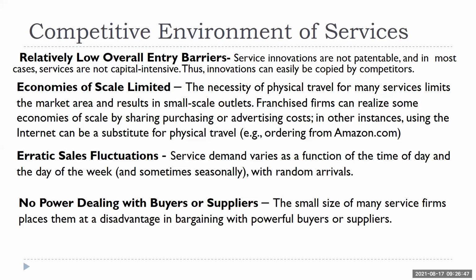But a single hotel, when they are buying items for their hotel or restaurant, might not have much bargaining power. So this line item is related to that. Most service firms will be small.